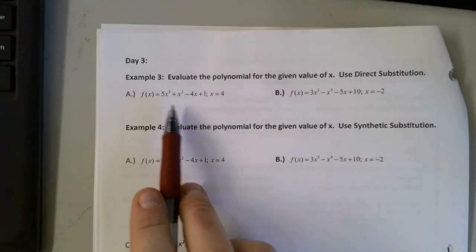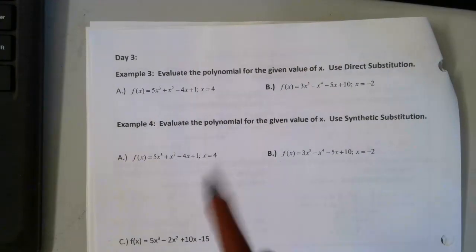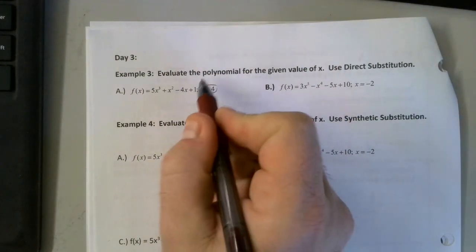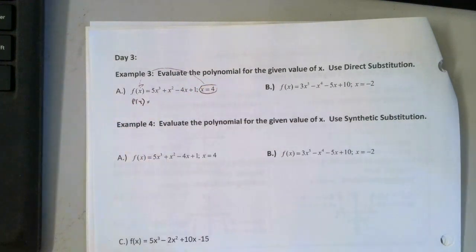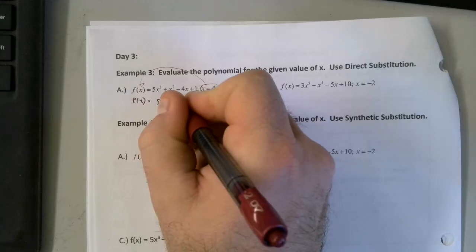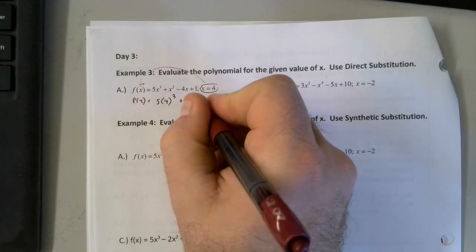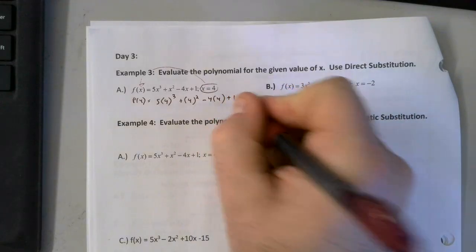So the first thing you do to evaluate a polynomial via direct substitution is you plug the x value in for x in the function. So notice I would get 5 parentheses 4 to the third plus 4 squared minus 4 times 4 plus 1.